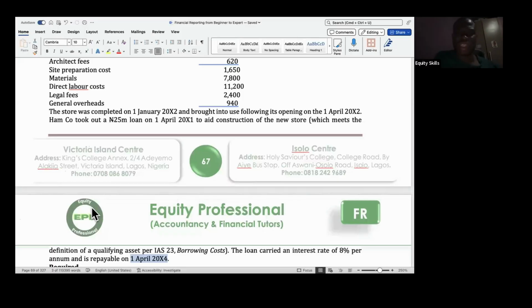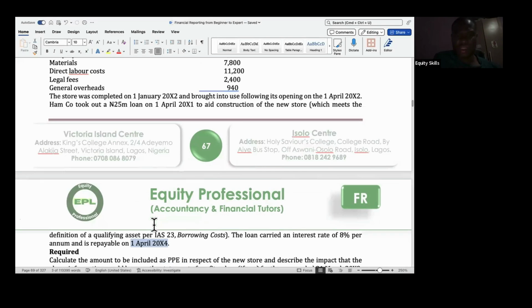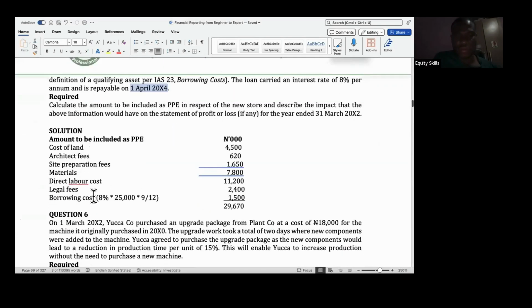So in this case now, the borrowing cost, this 8% is 8% per annum, right? And we borrowed 25,000. And the construction period was just 9 months. So the portion we're going to capitalize is just 9/12, which is 3/4. And that is the interest we capitalize.